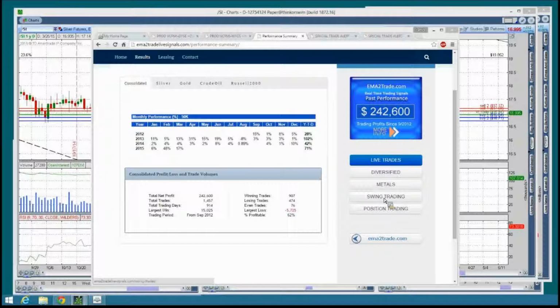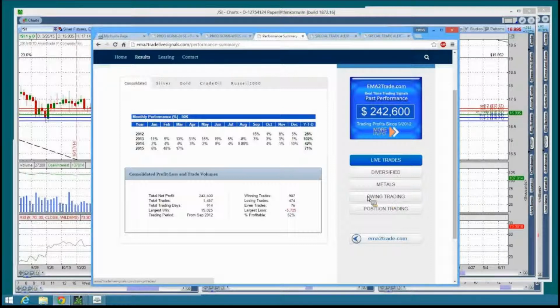For example, if you click on the right in swing trading, you can review all the swing trading signals that have been produced since we started trading, basically the swing trading program.